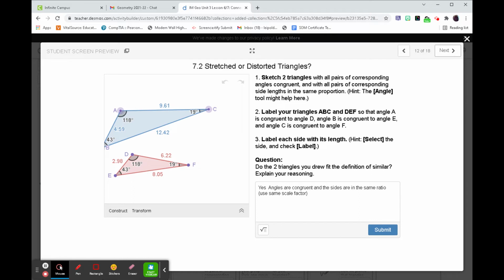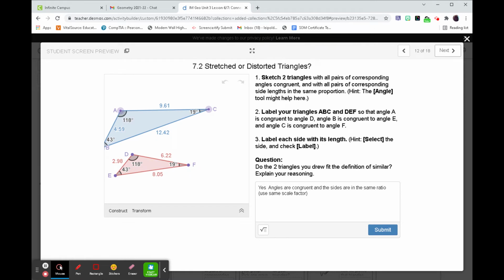All right, this next section you have to sketch, and it took a little time for me to do this, I'll be straight up, but you want to try to sketch two triangles and make them so that the angles are equal and the corresponding segments are in the same proportion. And I did use the angle tool as they're suggesting.